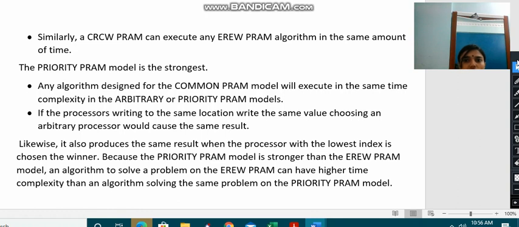In summary, why is CRCW the strongest one? Because for all the other algorithms, whatever time complexity is taken by the other models like EREW or CREW, the priority PRAM will take the same amount of time to execute this type of algorithm. Also, it produces the same result when the processor with the lowest index is chosen as the winner.